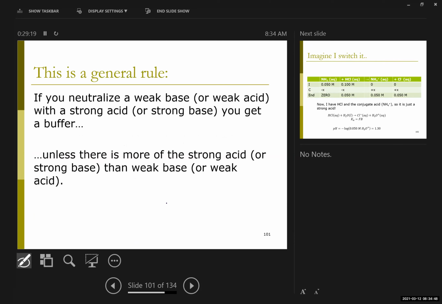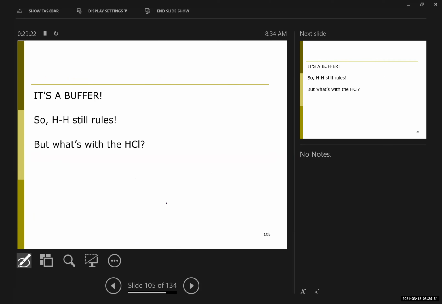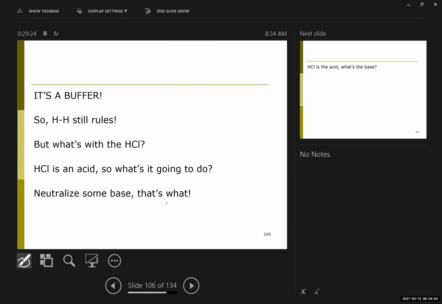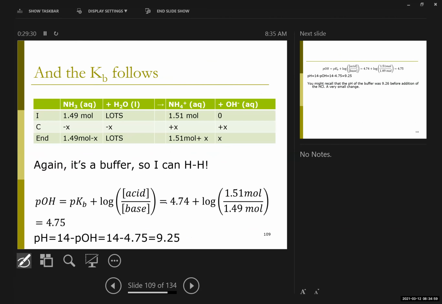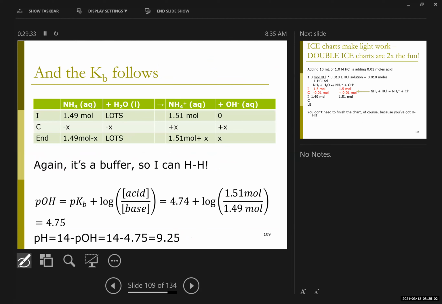So essentially what happened here is I added a little bit of HCl. And when these were equal, so if this was 1.5 moles and 1.5 moles, I would get a pH of 9.26. And so adding a little bit of acid to my buffer lowered the pH, but very slightly.